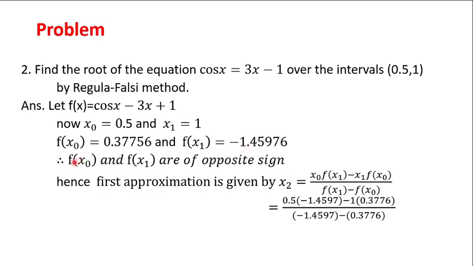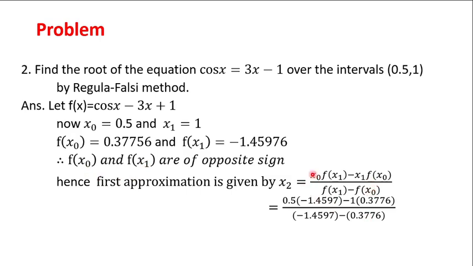Here f of x0 is positive and f of x1 is negative. Therefore, its product is less than 0, or f of x0 and f of x1 are of opposite sign. Hence, the first approximation x2 can be written as x0 f of x1 minus x1 into f of x0, whole divided by f of x1 minus f of x0.